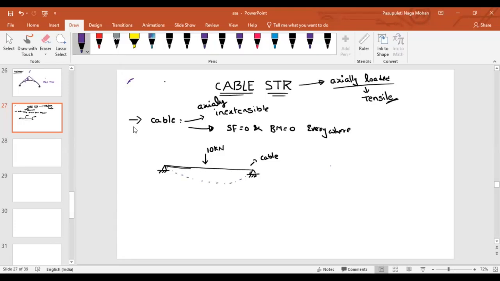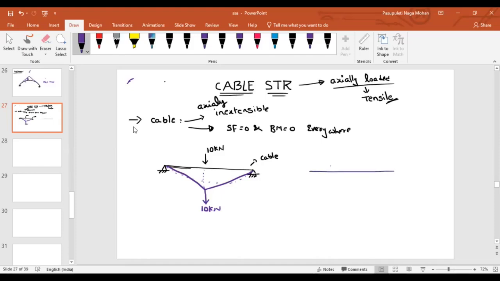No. Because of the loading, the position of the cable changes. Depending on the type of loading, the orientation of the cable changes. Now what will be your final orientation? The final orientation will be somewhere like this.